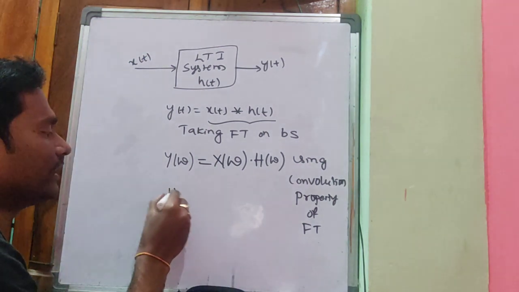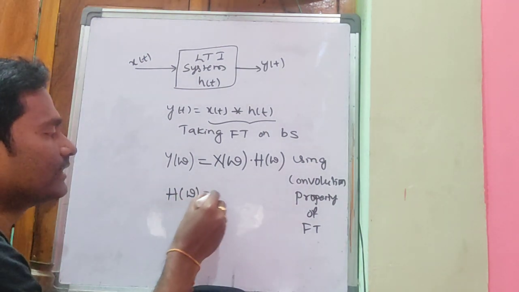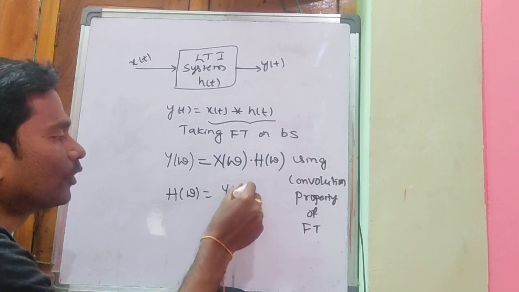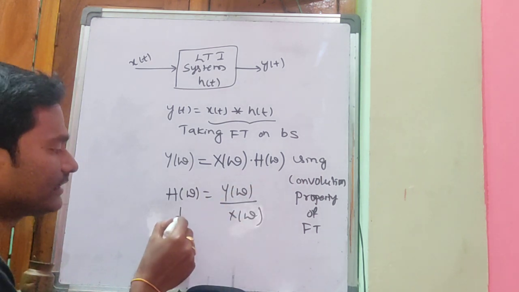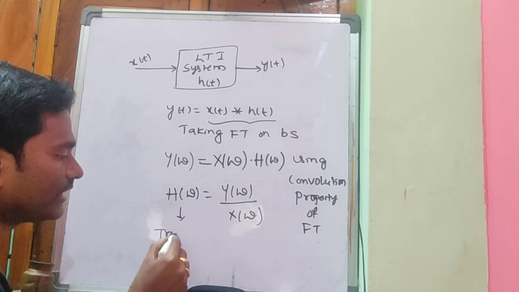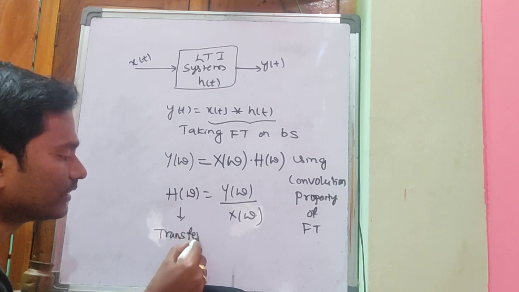From this we can write H of omega is equal to Y of omega by X of omega, and this is called the transfer function.